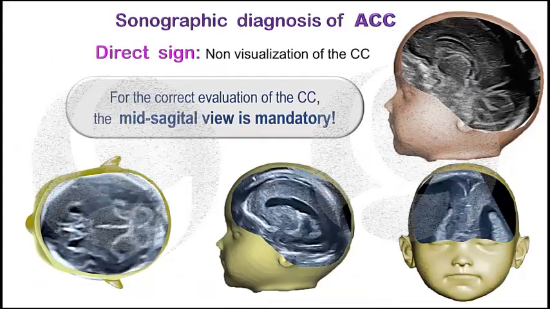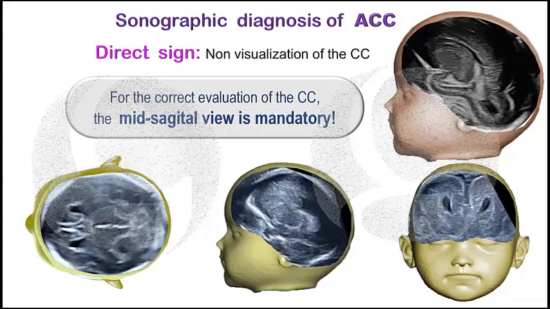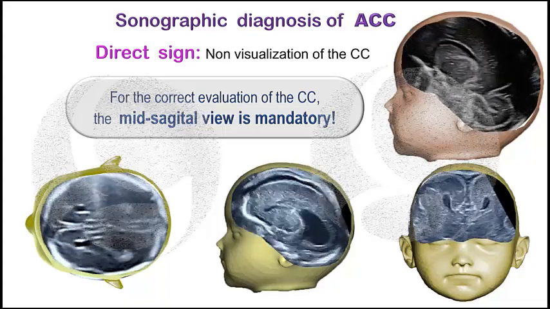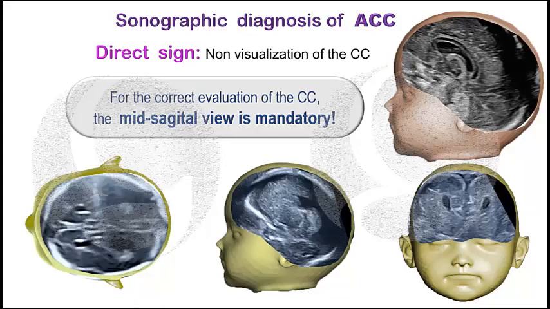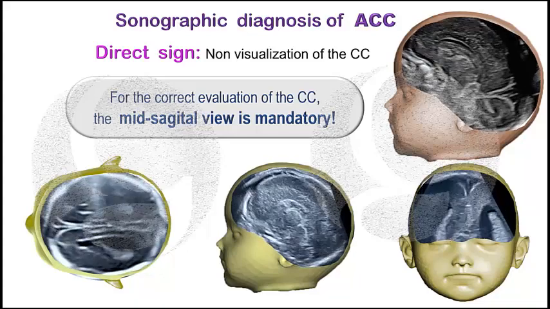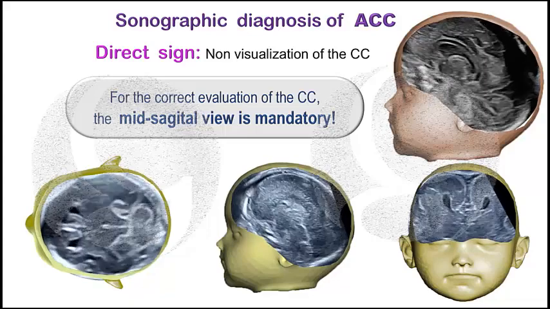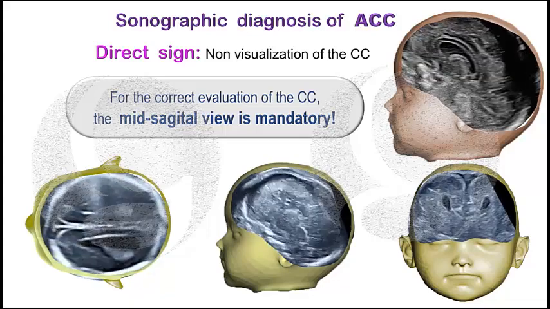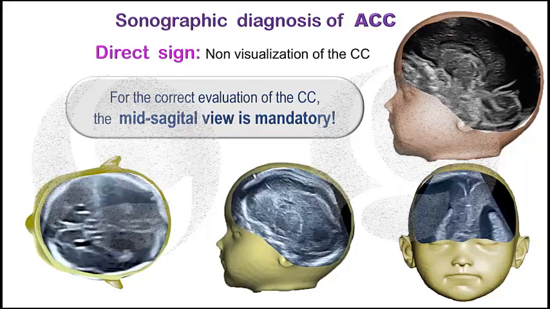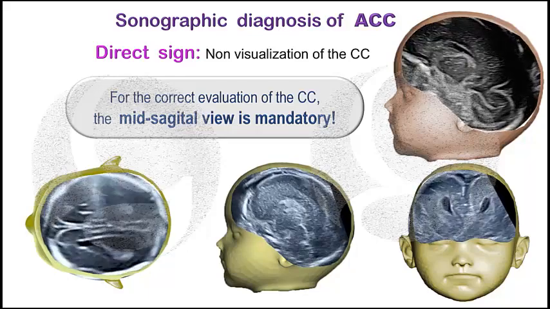Therefore, for the correct evaluation of corpus callosum anomalies, we need to perform a multiplanar assessment in which the mid-sagittal view is absolutely mandatory in order to get the direct sign, that is, the non-visualization of the whole corpus callosum or a segment of it.